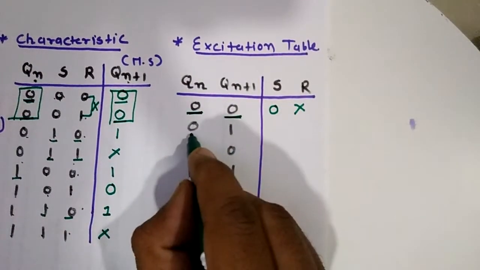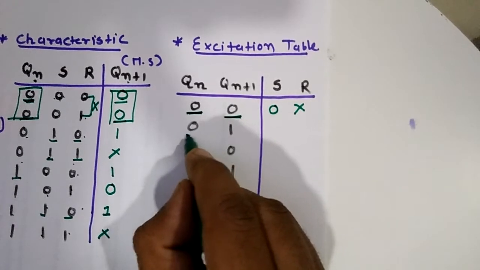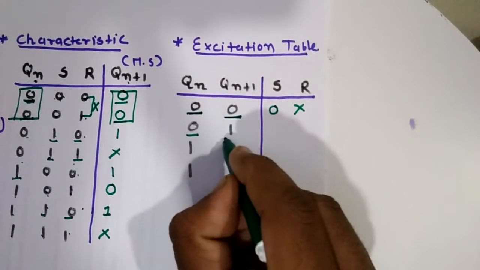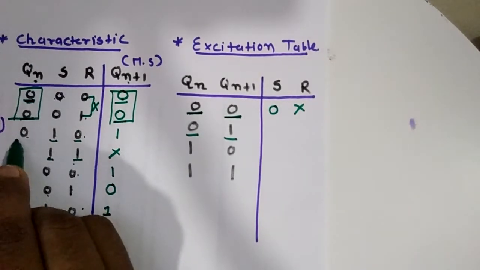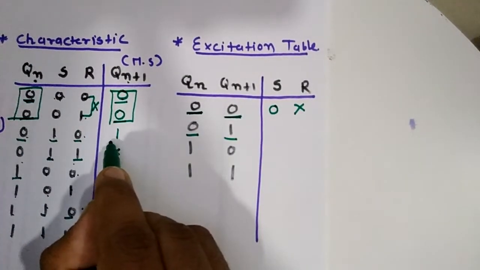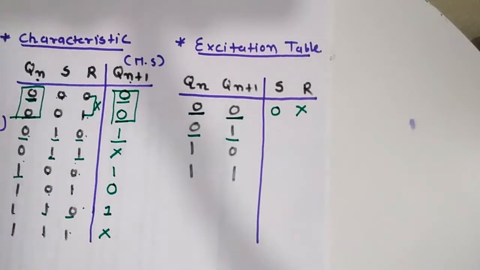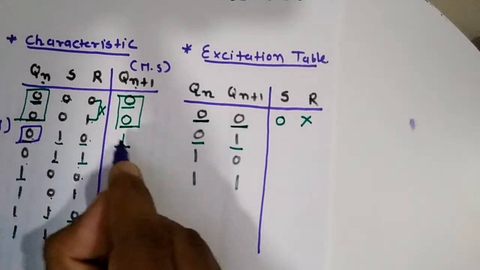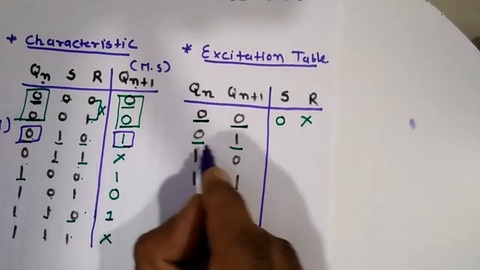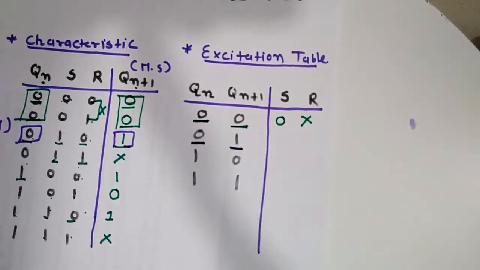After that, another condition is if Q of N is equal to 0 and Q of N plus 1 is equal to 1. So this condition is valid for 0 and 1.